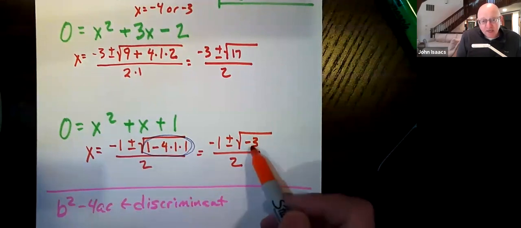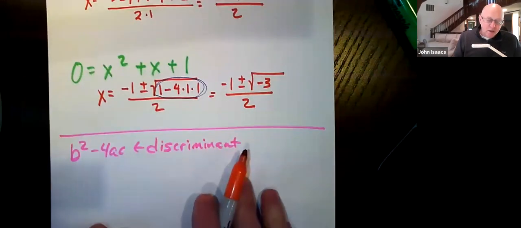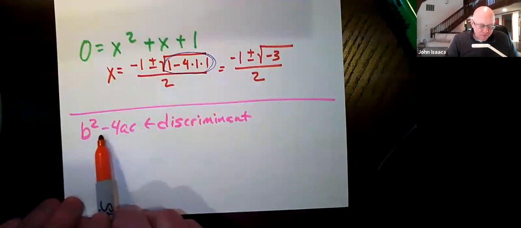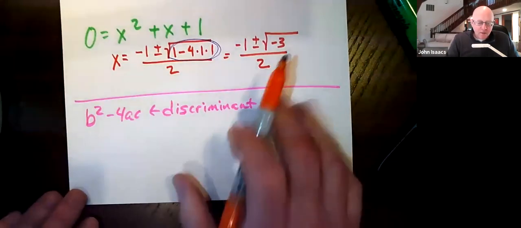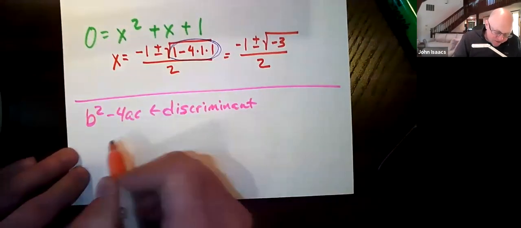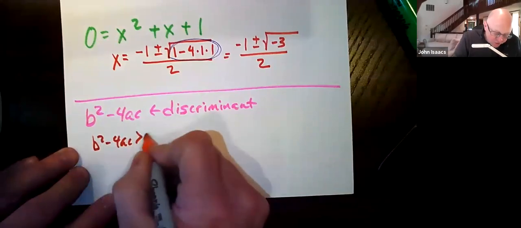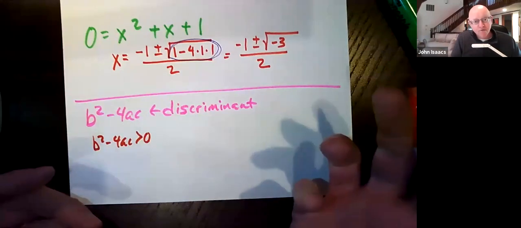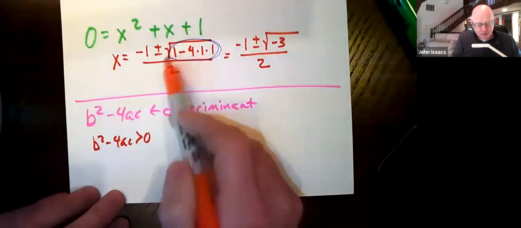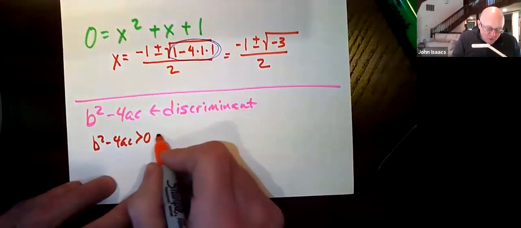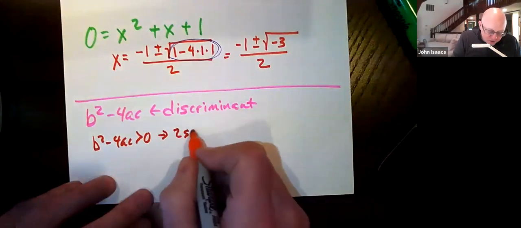The fact that this is negative means it will never cross the x-axis. So we call b squared minus 4ac the discriminant, because if b squared minus 4ac is greater than 0, in other words, there are values when we go to take the square root, then the equation will have two solutions.